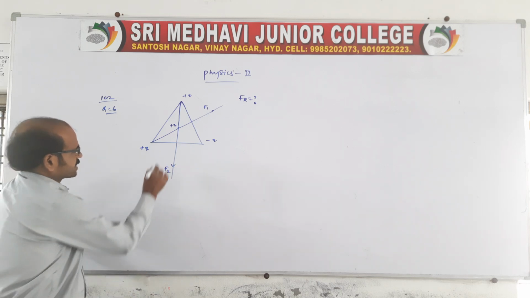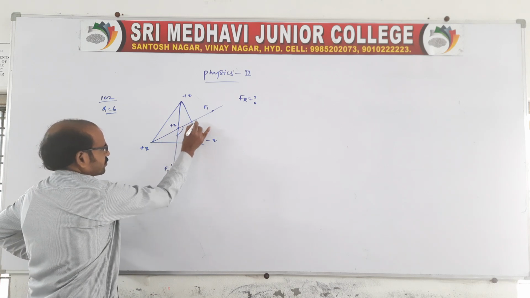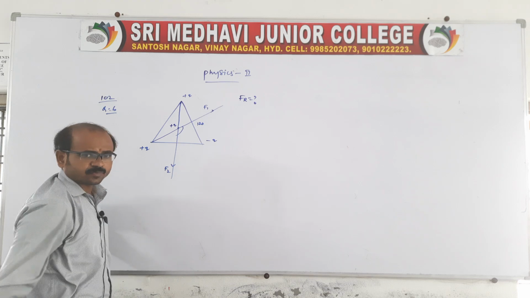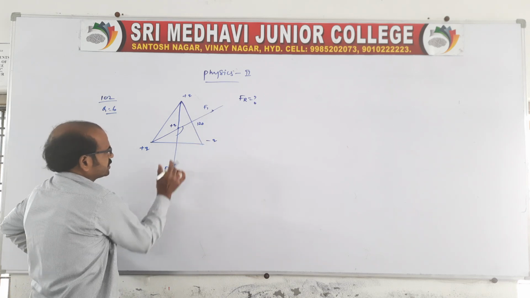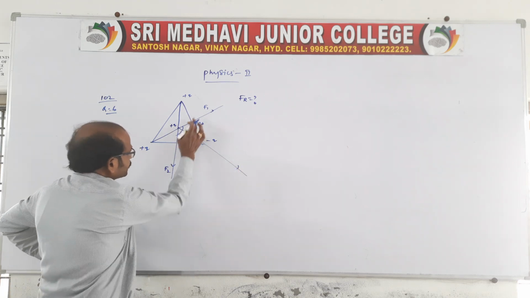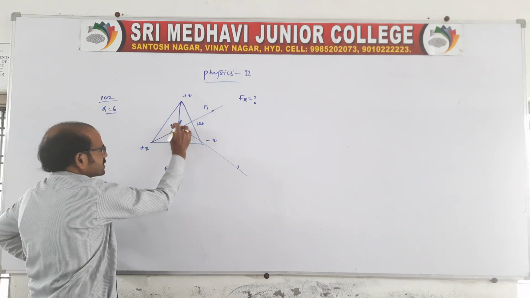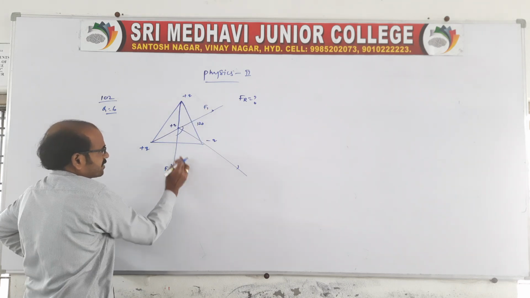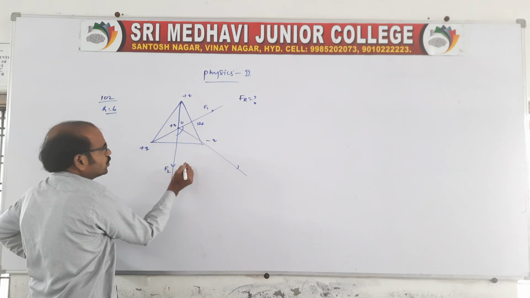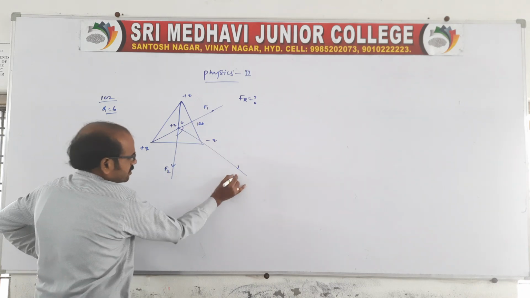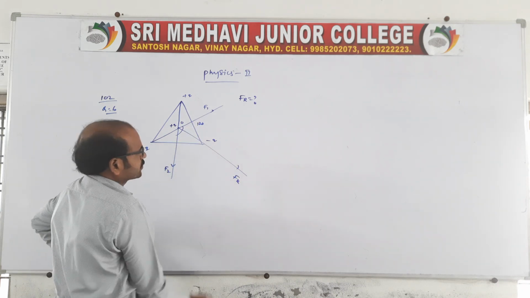At the centroid there will be an angle of 120 degrees between F1 and F2, and for F1 and F2 there will be a resultant Fr.